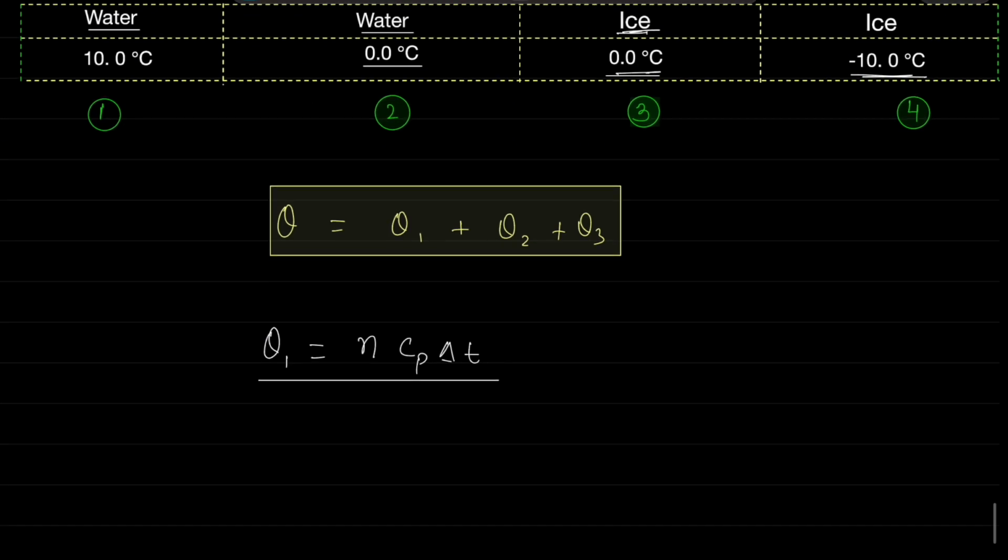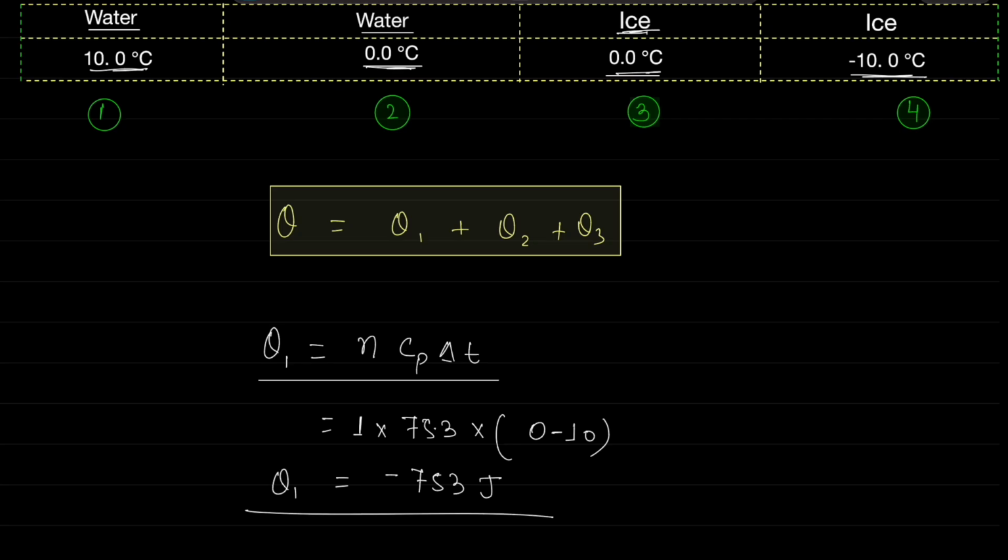So here this is 1, this is 75.3 into change in temperature. Initially it was 10 degrees Celsius and finally it is 0 degrees Celsius. So change in temperature is 0 minus 10, equal to minus 753 joule. So this is the value of Q1.